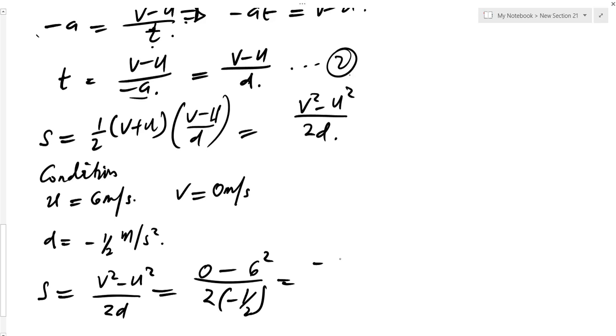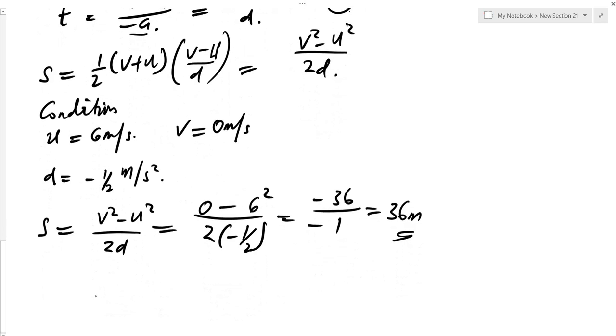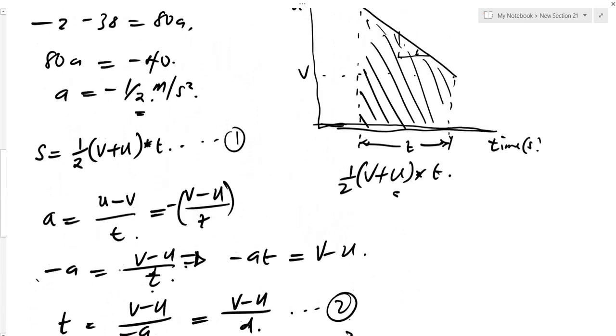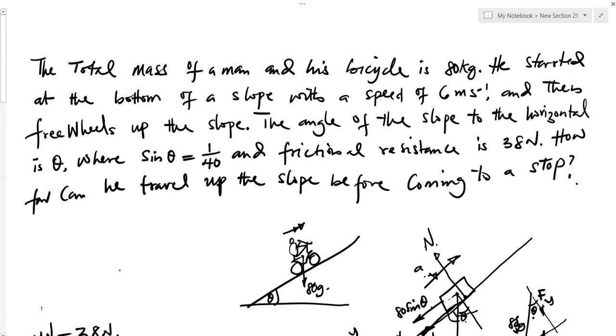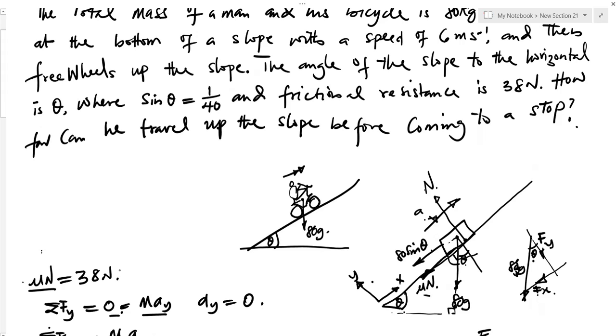This will give us minus 36 all over minus 1, which is the same thing as 36 meter. So this is the final answer. The distance further it will go is 36 meter.